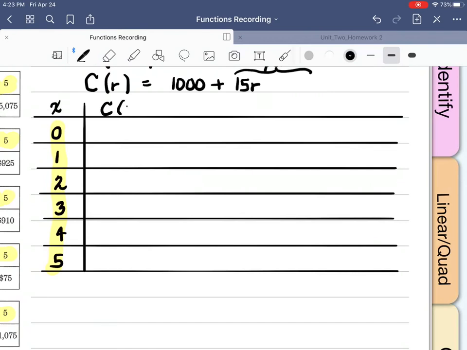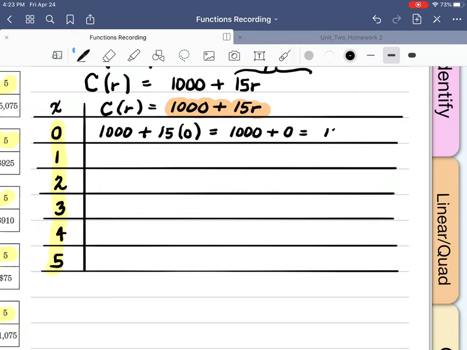Okay, the function that we wrote is sitting right there. C, the cost in terms of rounds, is the yearly fee plus $15 a round. And we're just going to evaluate like we have been now for a very long time. So I'm going to say 1,000 plus $15 for no rounds of golf. So let's say that this is Corona year and he pays the 1,000 and then they close the golf course.